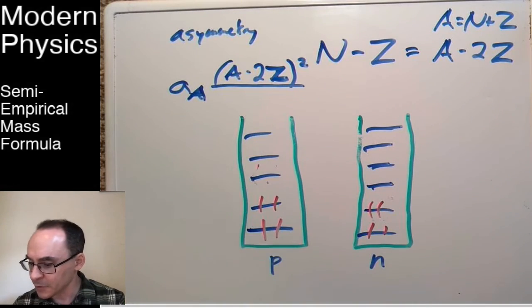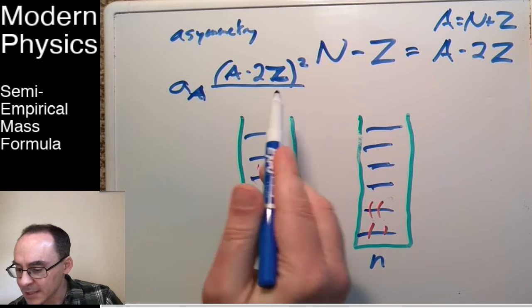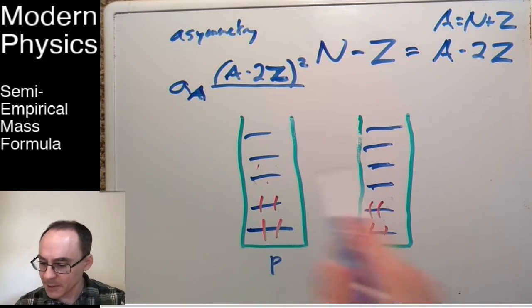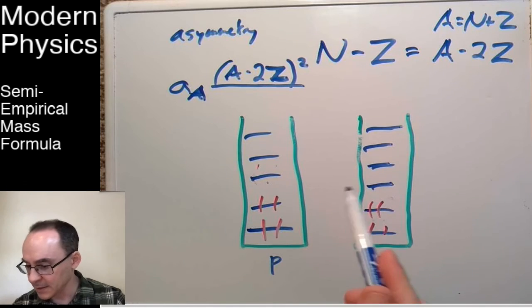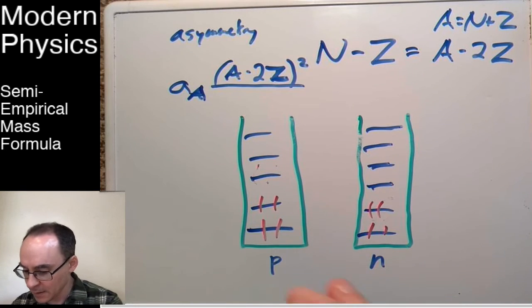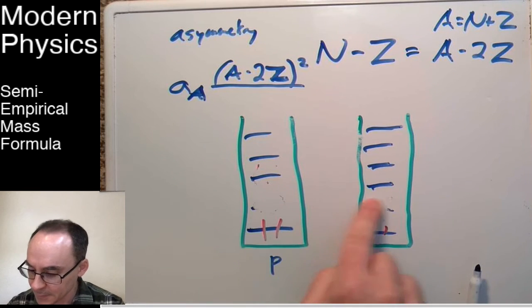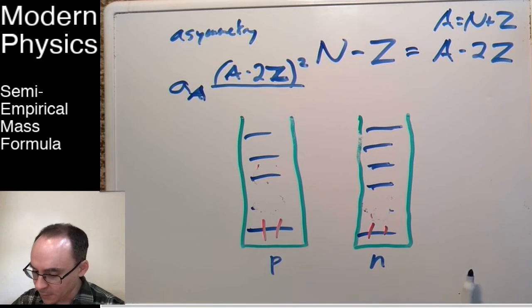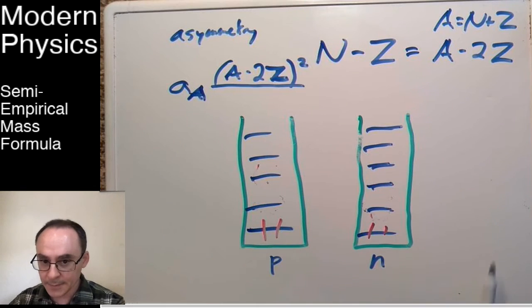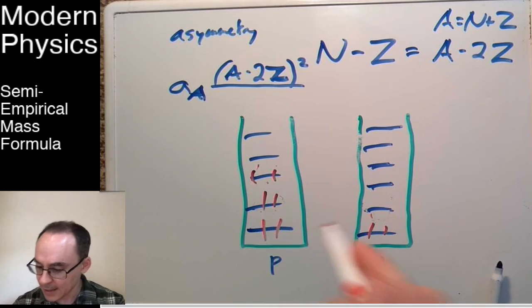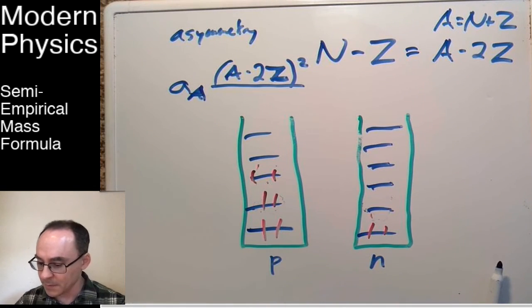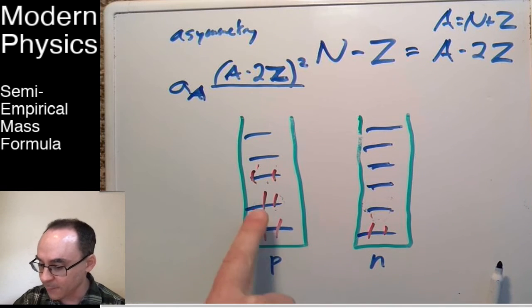That's just the difference between neutrons and protons. And what's actually important is not the difference, but the fractional difference. The idea is that it's much more unbalanced if you have rather few nucleons, like 6 there and 2 there, where the imbalance is 4 protons.